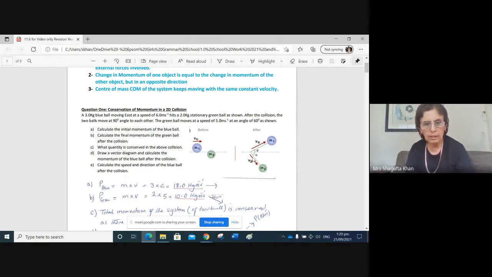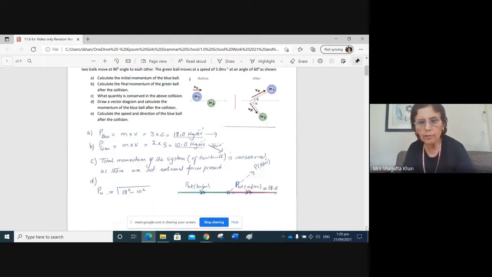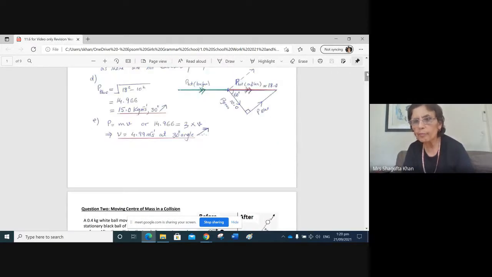In this question, they've given the speed and direction of this one, but not the speed and direction of that one. You can see the direction in this one, but in a question, they might not give it, and you might have to find the speed and direction of this ball. So we will apply the law of conservation of momentum.